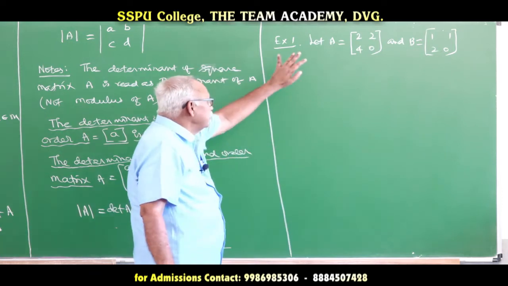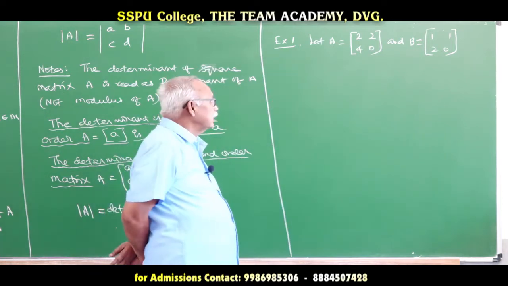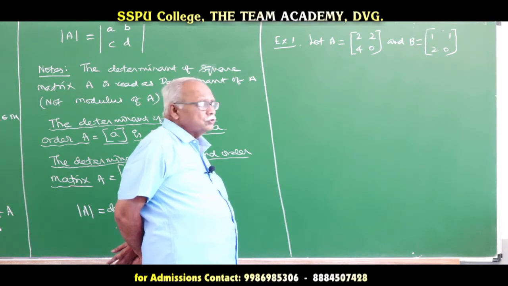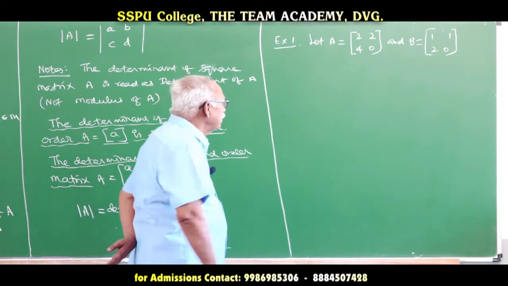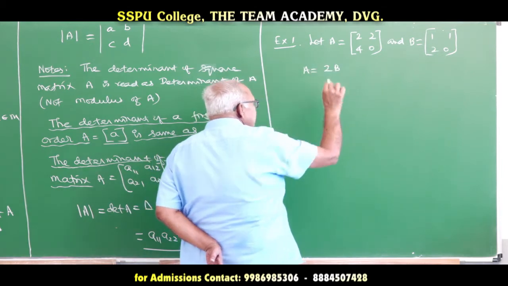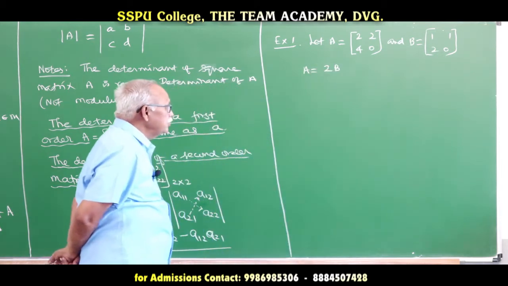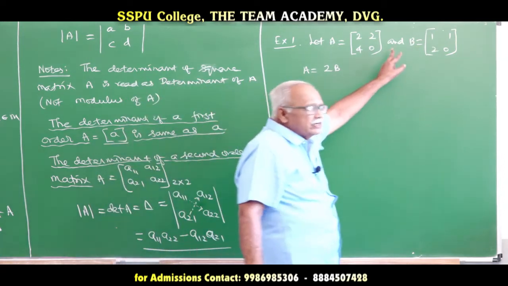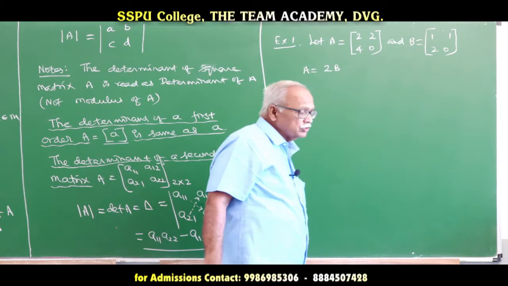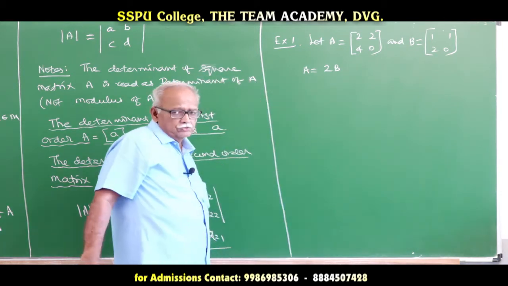In this, are you able to see that A is equal to 2B? If you multiply matrix B with 2, you get 2, 2, 4, 0. Therefore, A is equal to 2B.